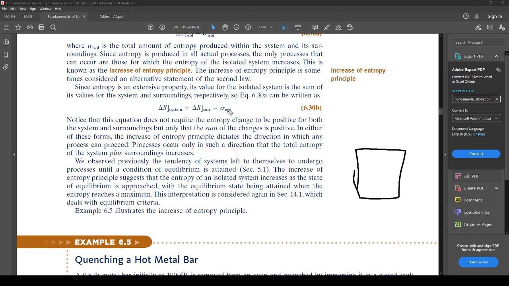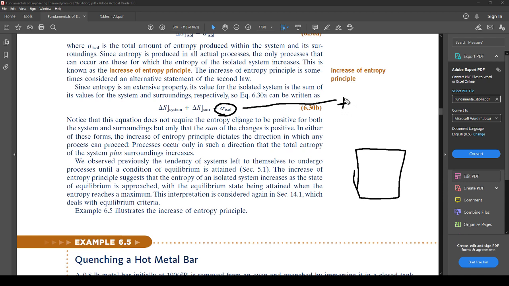What they are saying is the following: because this right here in any actual process must be a positive number, and what I mean is in real processes. It can be 0 as well, but that's for a fake process. Nothing is 100%, nothing's isentropic in that way. So there will always be entropy produced.